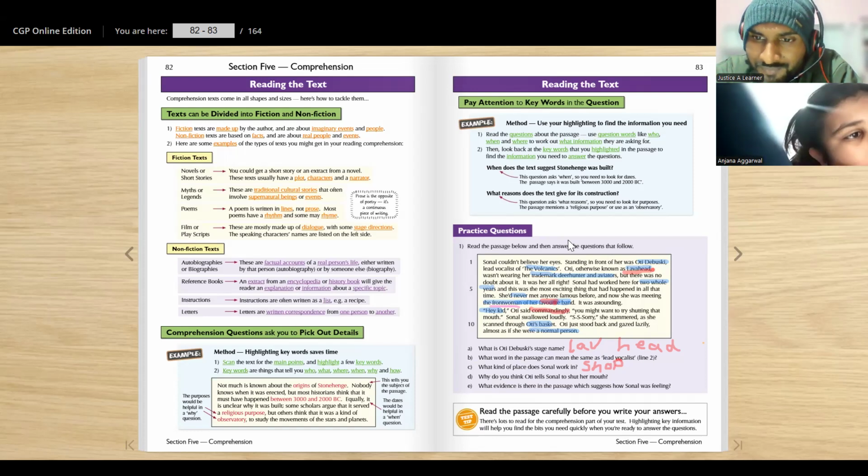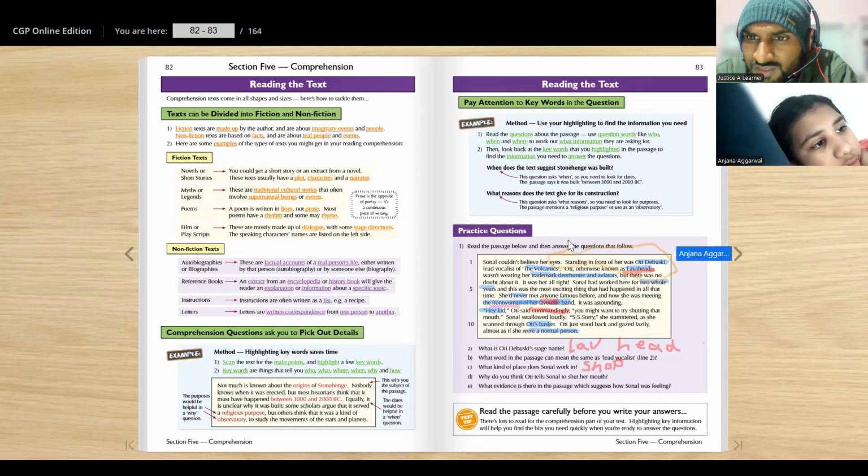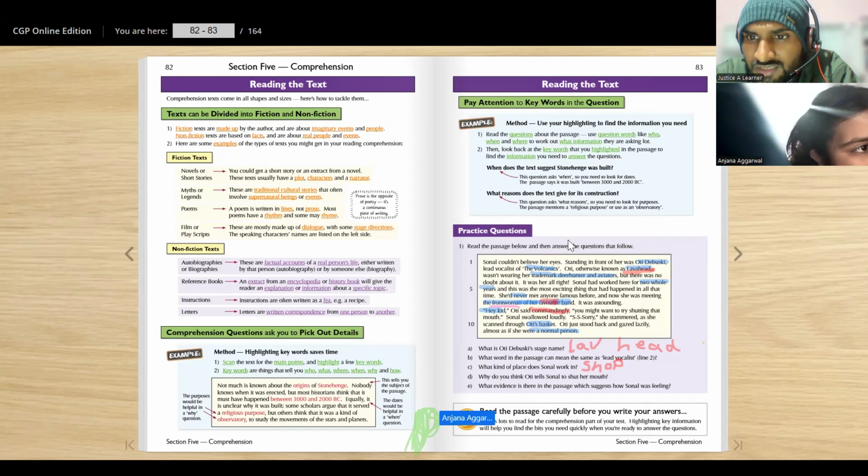Yes. But why did it then say, standing in front of her was OT Dubusky? Sonal couldn't believe her eyes. Standing in front of her, OT Dubusky, lead vocalist, known as Lava Head, wasn't wearing her trademark.